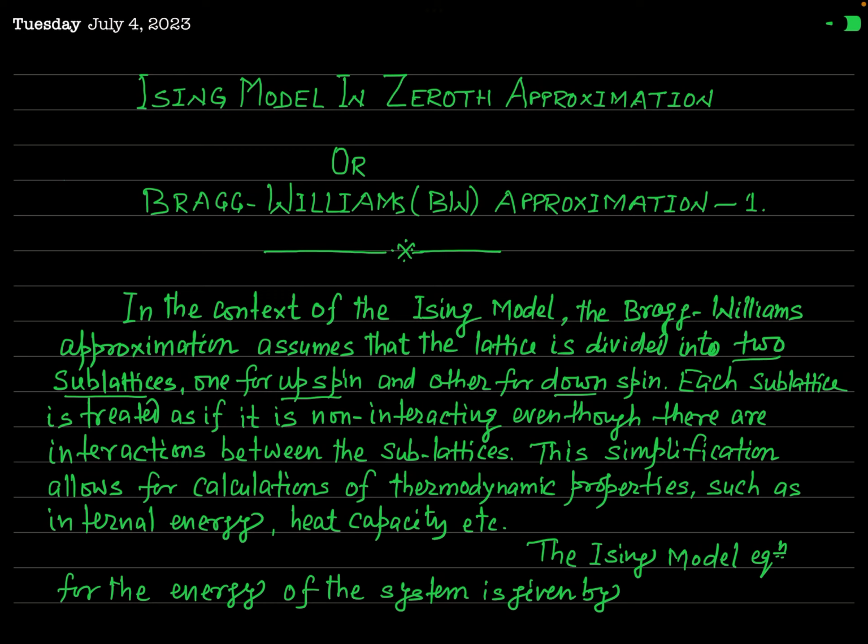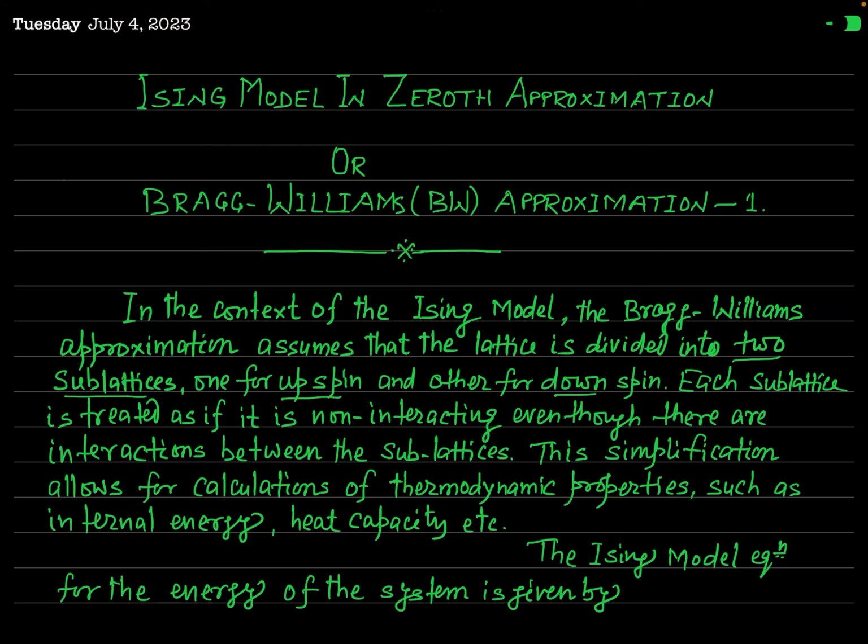The real fact is the sub-lattices interact one another, but in this simplified version of discussion provided by Bragg-Williams, we assume that the sub-lattices do not interact one another. When you consider that the sub-lattices do not interact one another, then the calculation becomes very easy. So this is called approximate method. Okay.